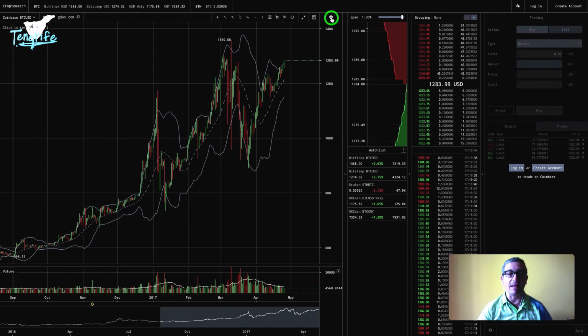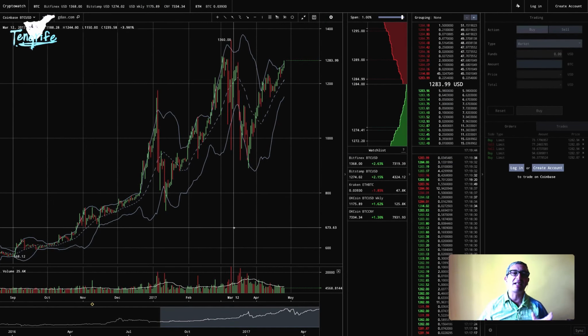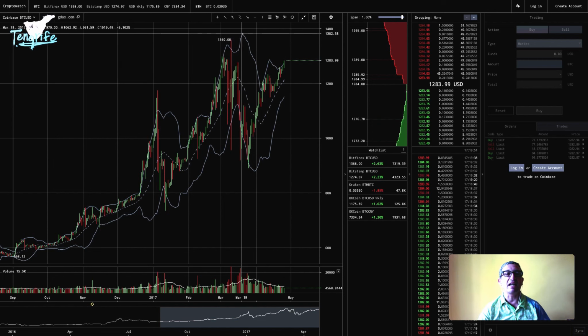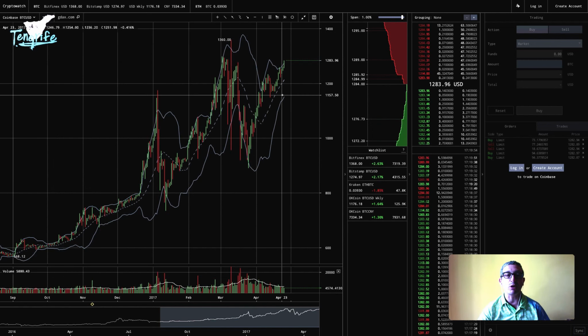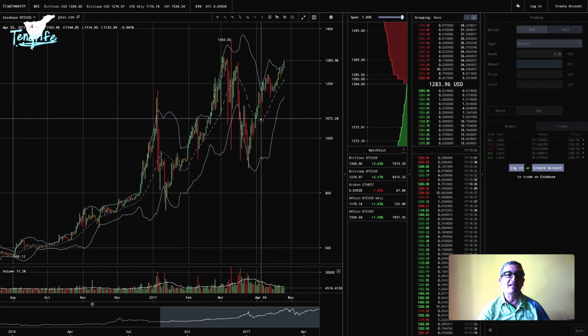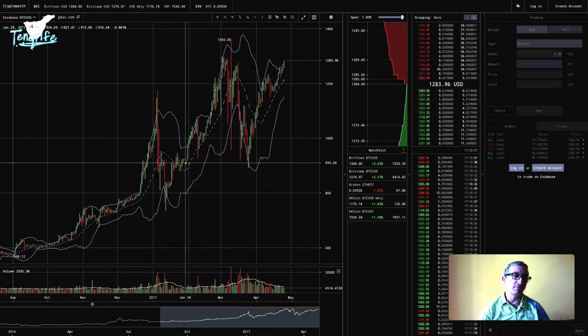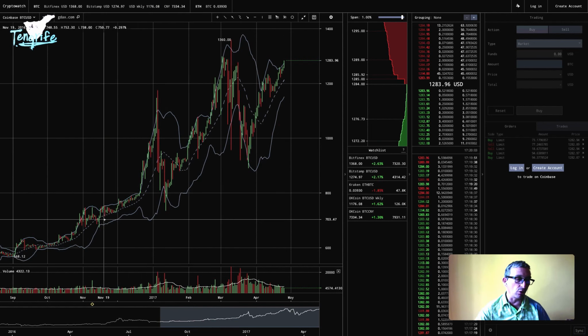What are these Bollinger Bands? In order to understand them, we have to see how they are built. There's a line at the top, a line at the bottom, and also a line in the middle, which is the dotted line. The dotted line represents what is called a moving average, usually considered over a 20-day period.